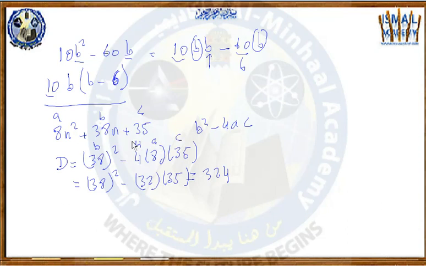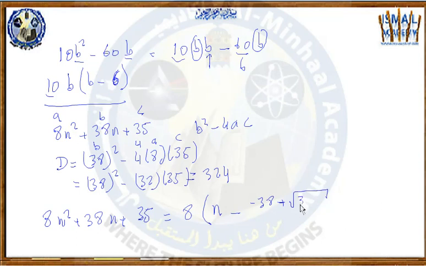So then you want to factor this: 8n squared plus 38n plus 35 is going to be equal to 8 times n minus the quadratic answer. So it's going to be minus 38 plus the square root of 324 over twice a, which is 2 times 8, 16.